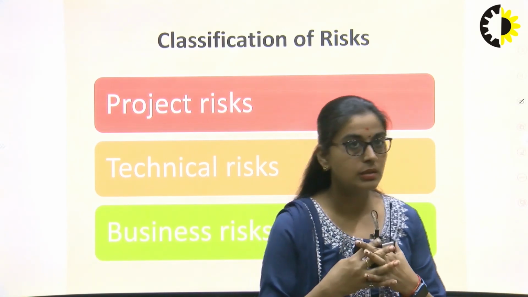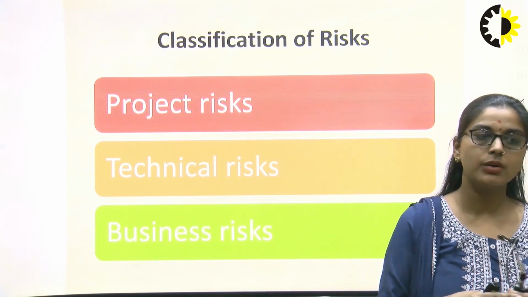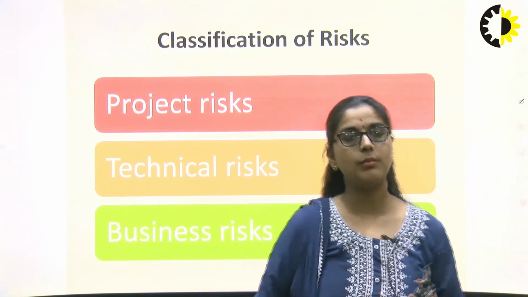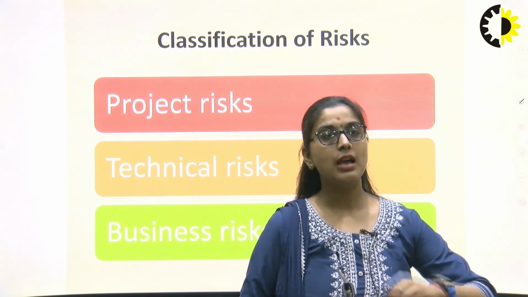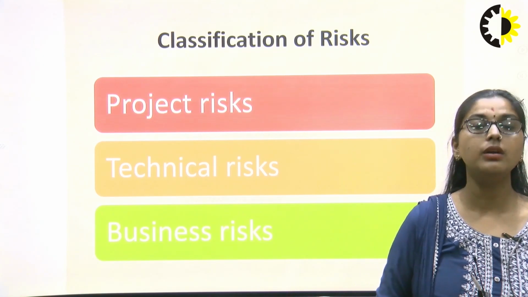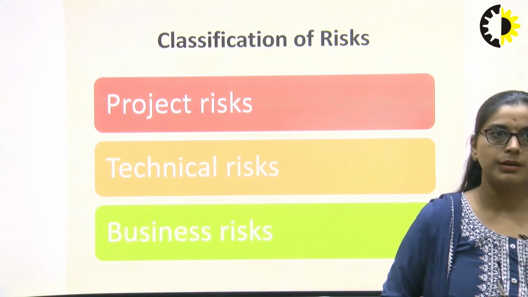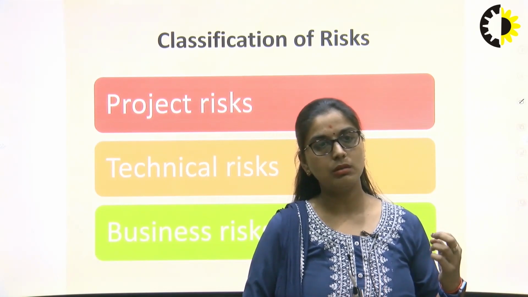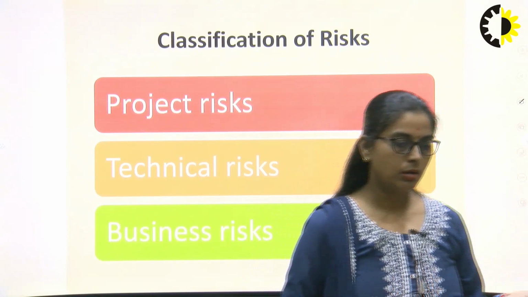In business risk, basically we are planning the business budget for the software. Maybe the budget exceeds our incoming budget, or the market has changed, and what we are making is out of date, or is not reaching the customer's need.